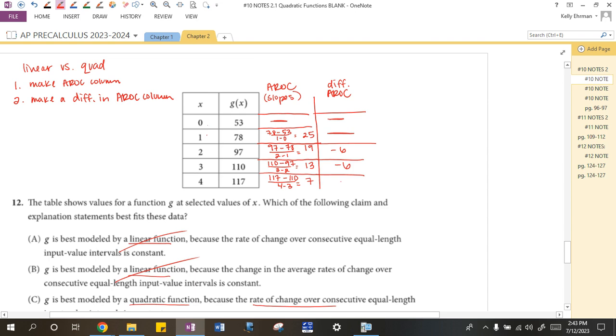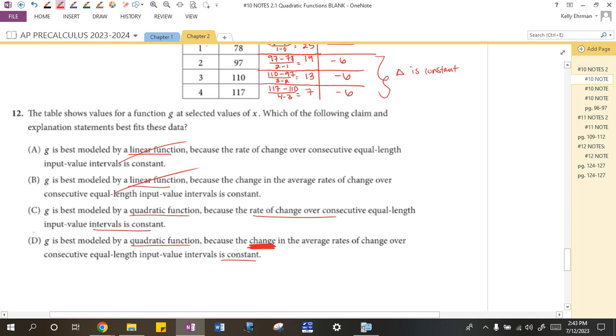What's 7 minus 13? Negative 6. This change, this delta, is constant. If we were doing a difference quotient on a quadratic equation, we would get a linear result, right? If we take the derivative of a quadratic, we get a linear function. So that's what this is showing you.